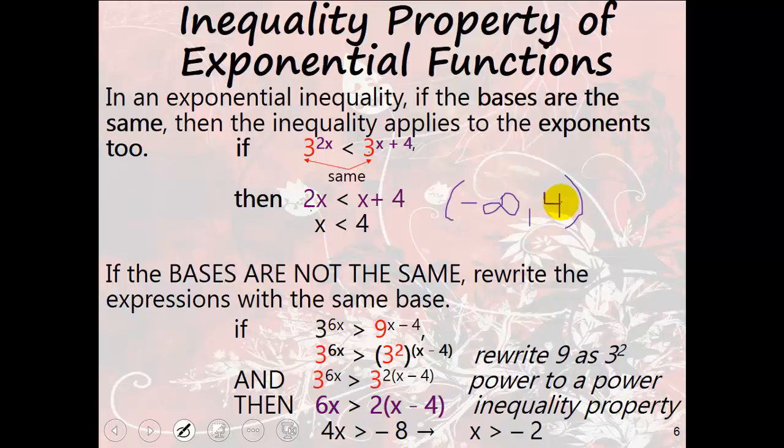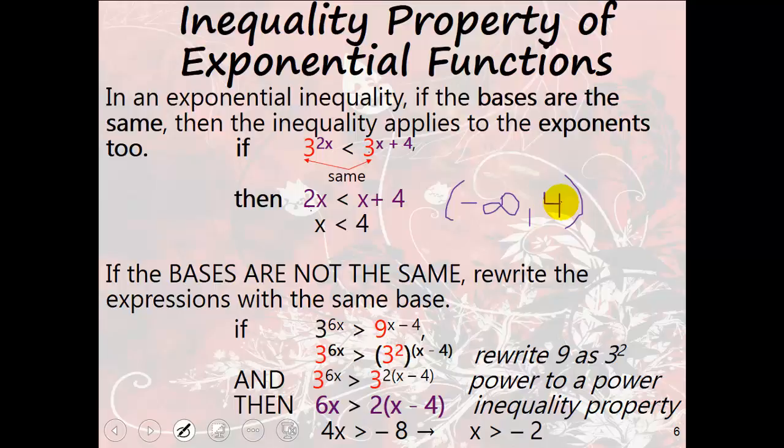If the bases are not the same, we're going to rewrite the expression with the same base. So this is the same equation, I just put an inequality sign with it. All right. So what I did, my 3 and my 9 were different, so I brought my 9 down and I rewrote it as 3 squared.